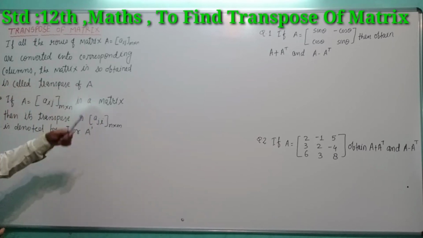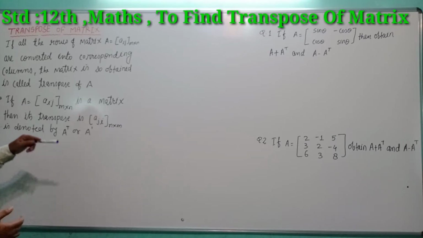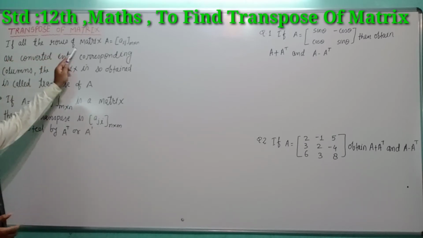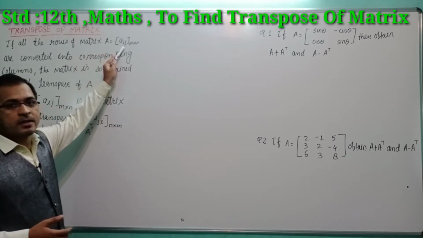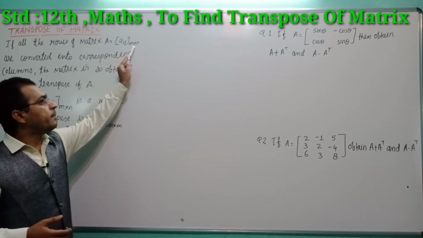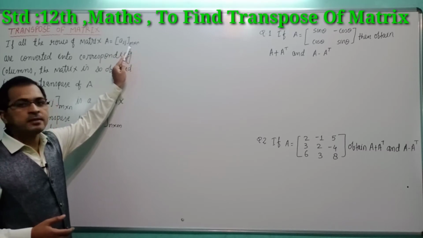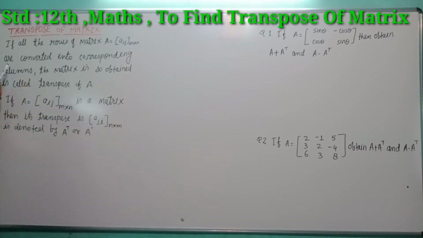Students, first of all you can read the definition of transpose of matrices. If all the rows of matrix A, Aij, the elements of matrix, its order is m by n, it means m is row and n is column, are converted into the corresponding columns, the matrix obtained is called transpose of matrix.